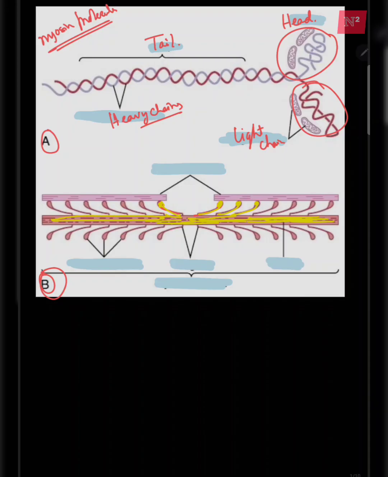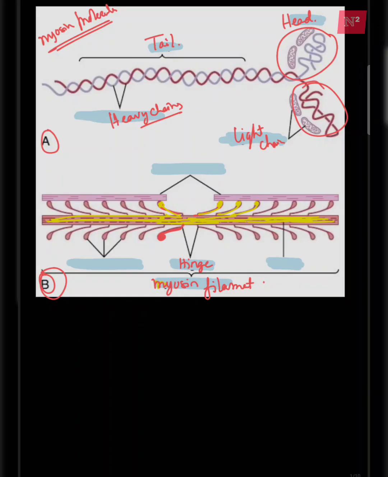So it is showing you a myosin filament having many such myosin molecules. This is the head part of the myosin molecule and this is the tail part, and this part is called the hinge, the connection between the tail and the head.